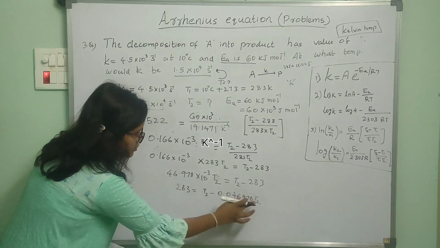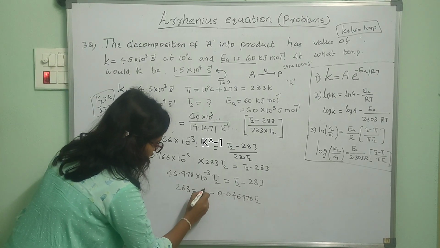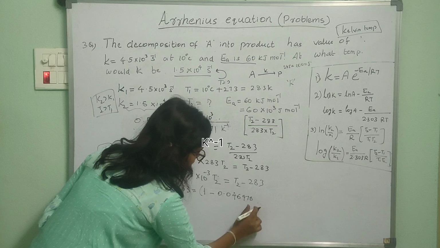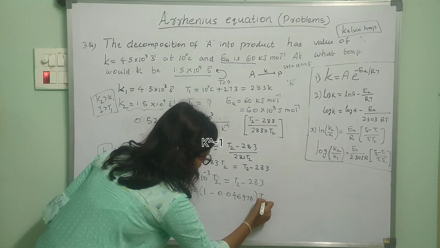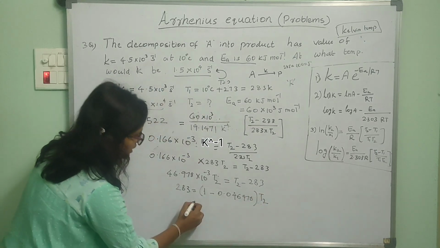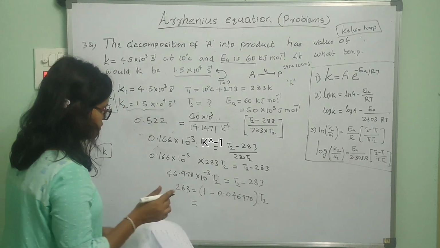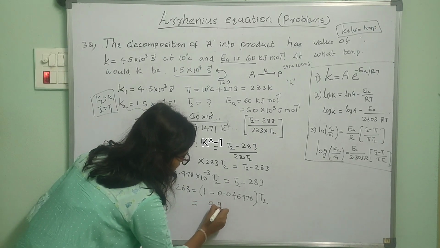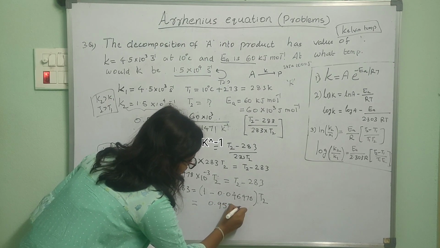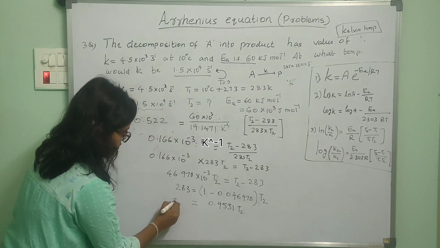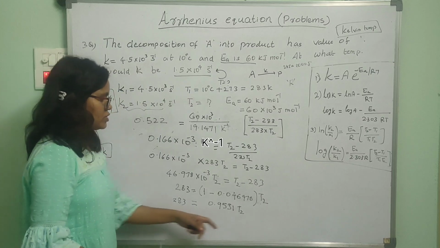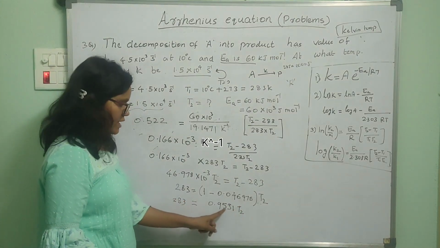So I'll take T2 common here. So this becomes 1 minus this term into T2. So 1 minus this term is something like 0.95. Okay, it is 0.9531 into T2. So you can get T2 directly from here.